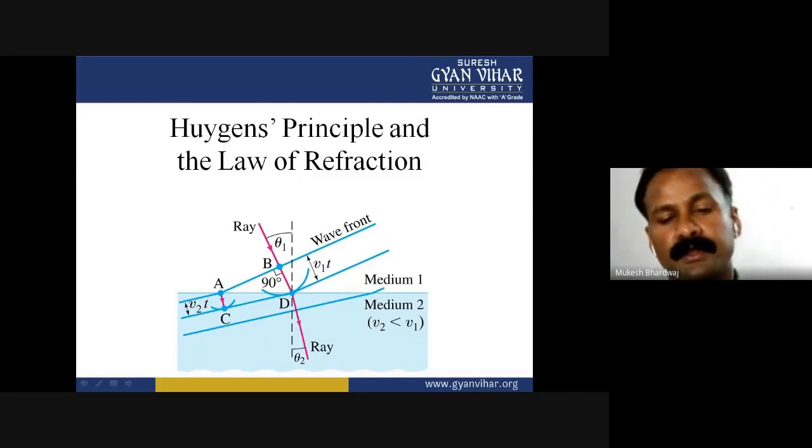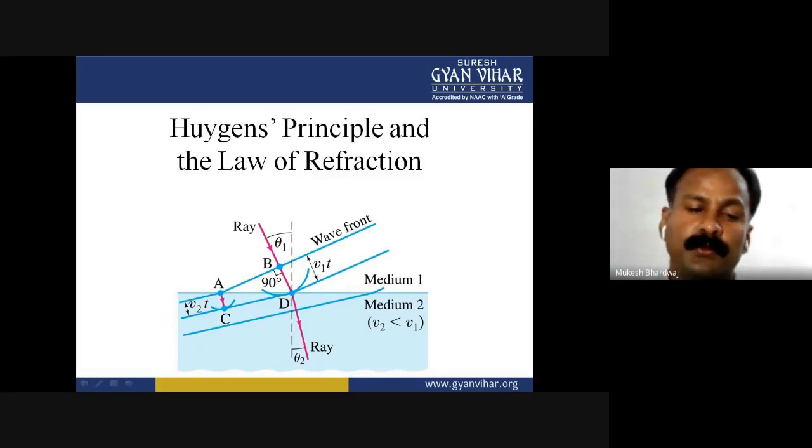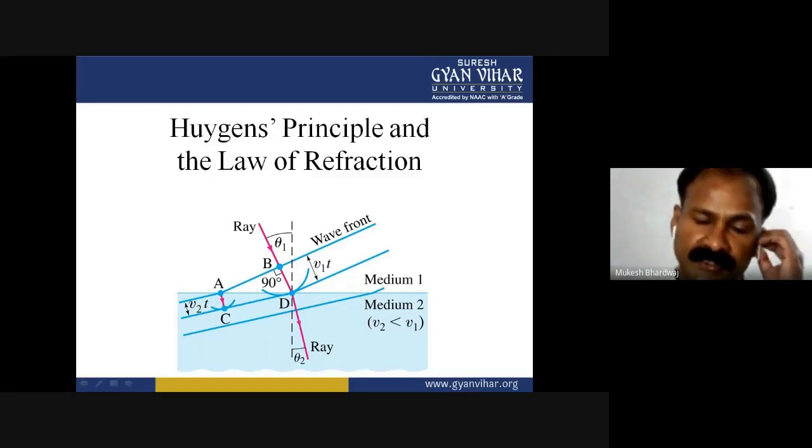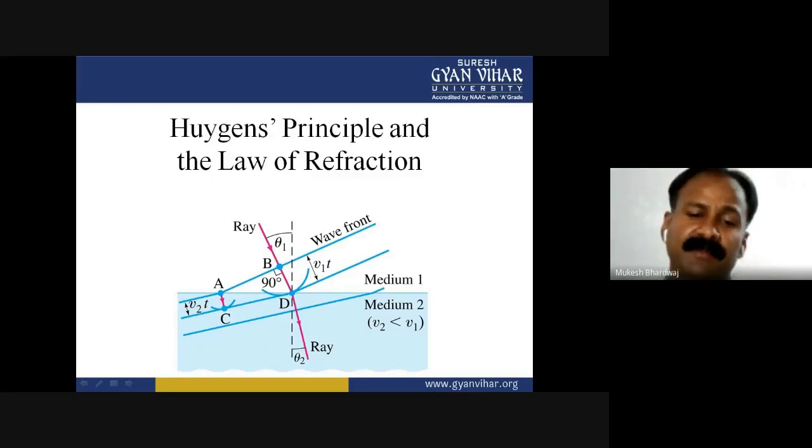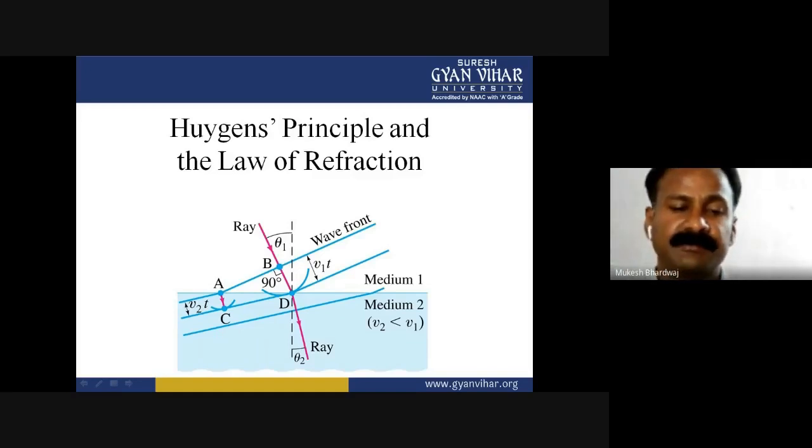If E1, E2, E3 are the disturbances produced by the individual waves, then the resultant disturbance will be the vector sum of all the individual disturbances. If the disturbances of all the waves are in the same direction, then the resultant displacement or disturbance will be the algebraic sum of the displacements of all individual waves.